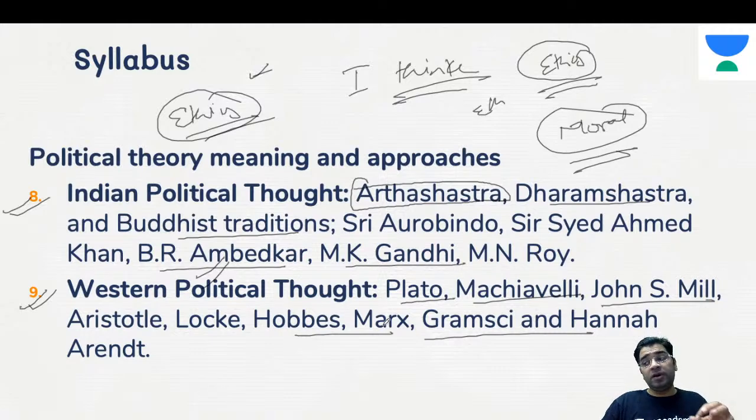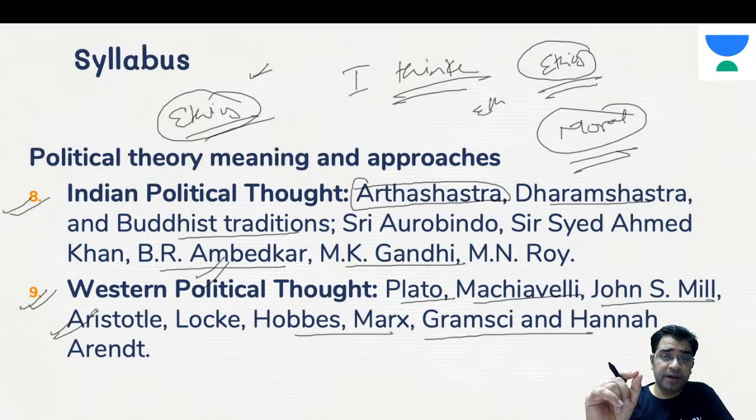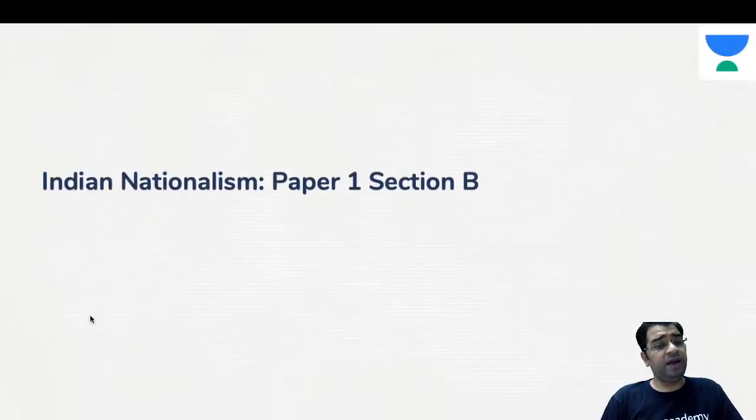But trust me, these thinkers are very relatable. You will be able to live them. You will be able to see them in your day-to-day life. So this is how you can see Western political thought. One of the most interesting aspects of political science and very easy to understand, and UPSC also asks very simple and direct questions.